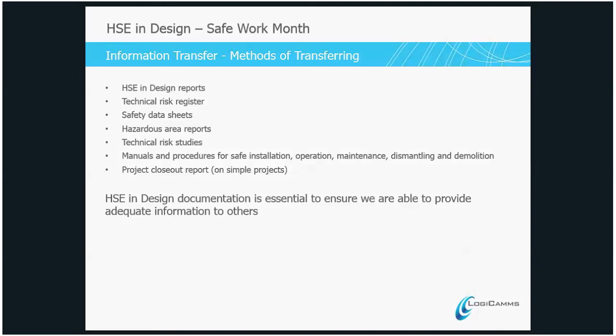And a project closeout report can be a way to just summarise all that information in a quite short and concise document. So what we're trying to say is that the information transfer is why we need to ensure that duty holders are aware of the hazards associated with the design. The amount of documentation we produce needs to be fit for purpose for the design.